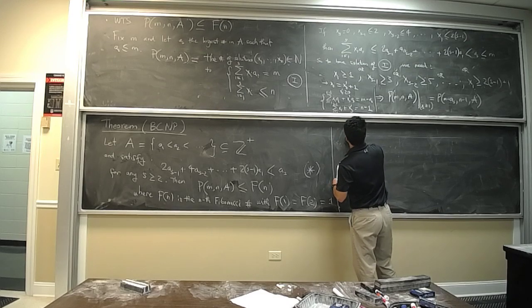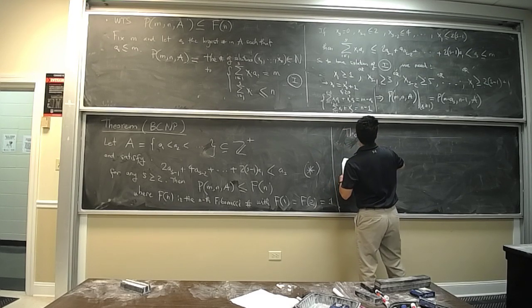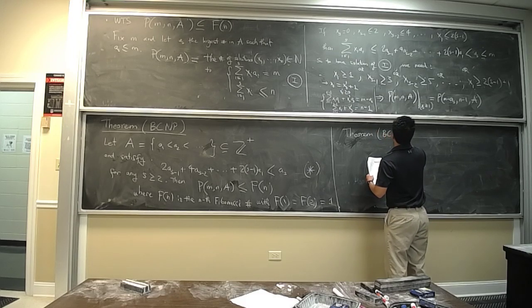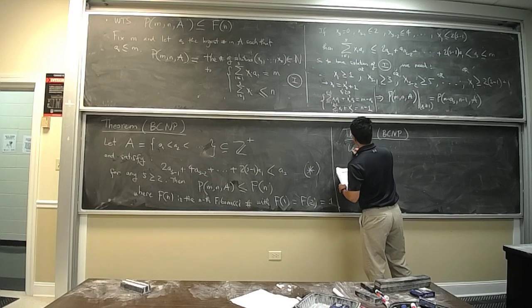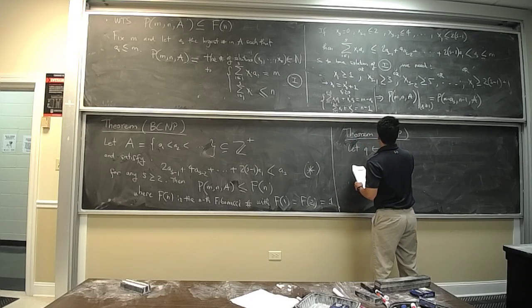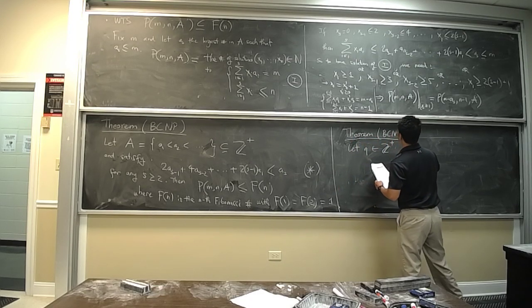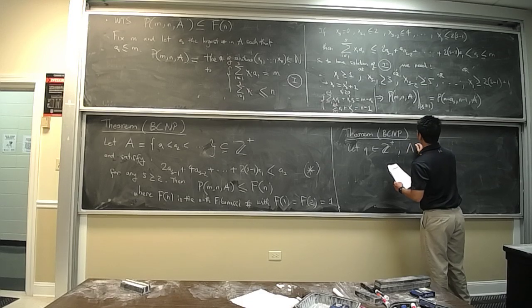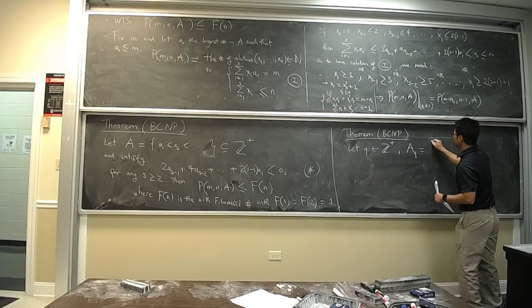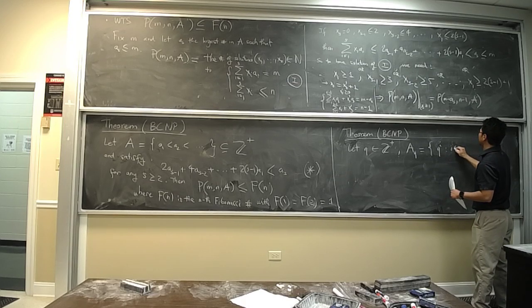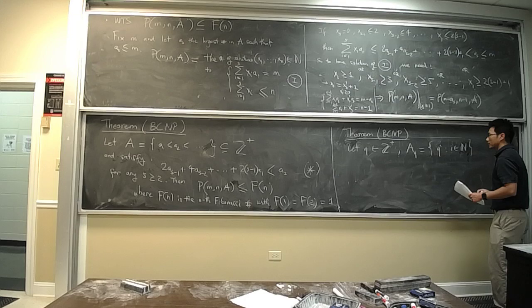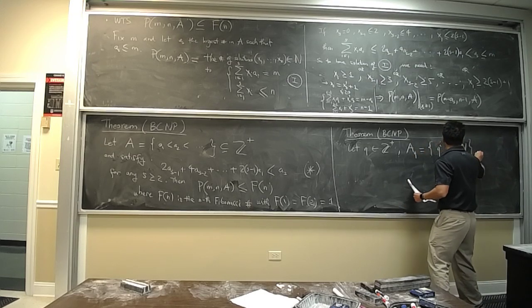And here is another thing we find about this. Let Q be a positive integer and A sub Q be the set of all the powers of Q. Then we have the following.